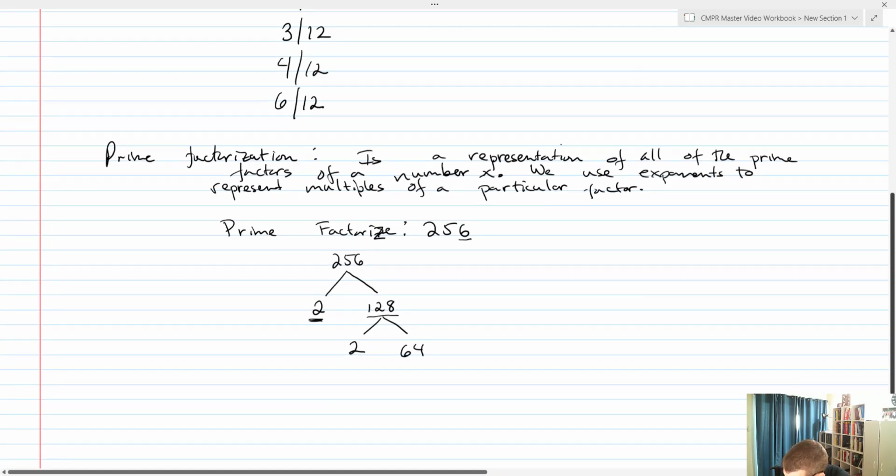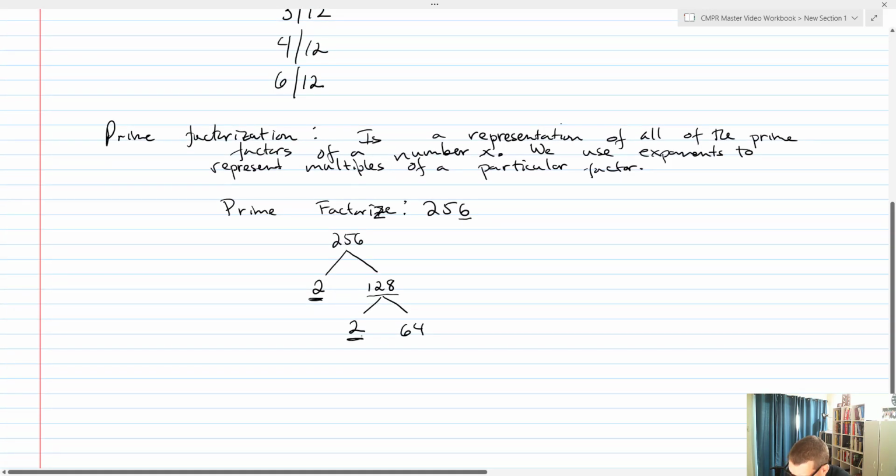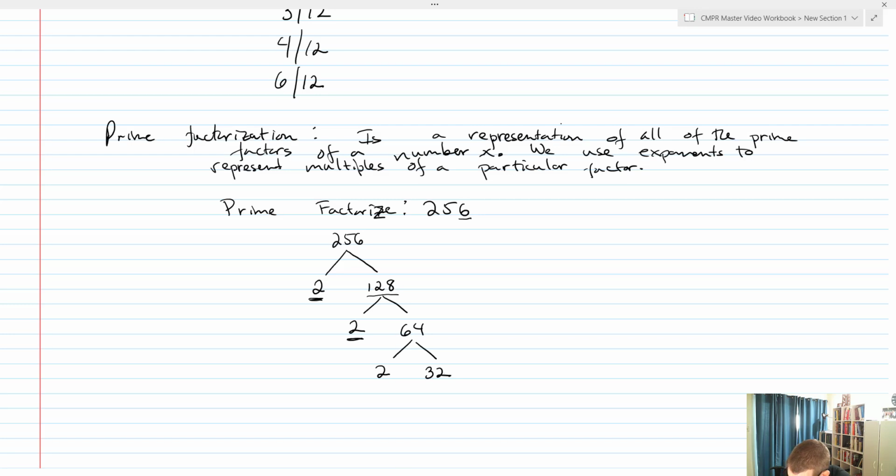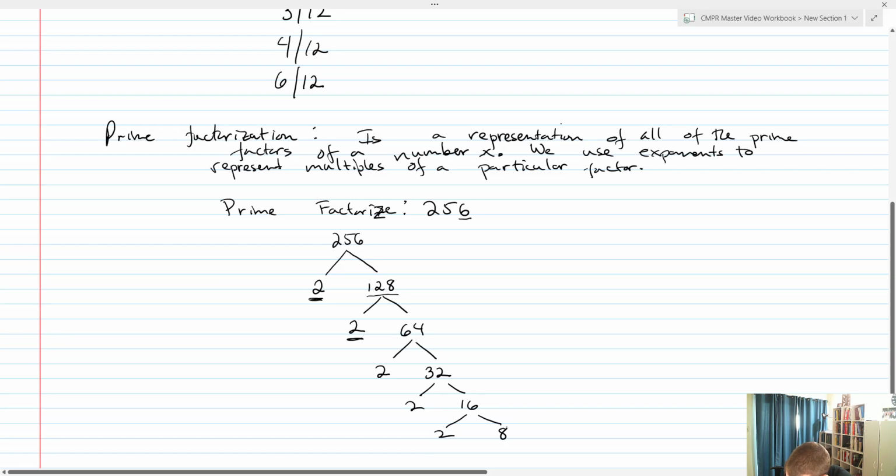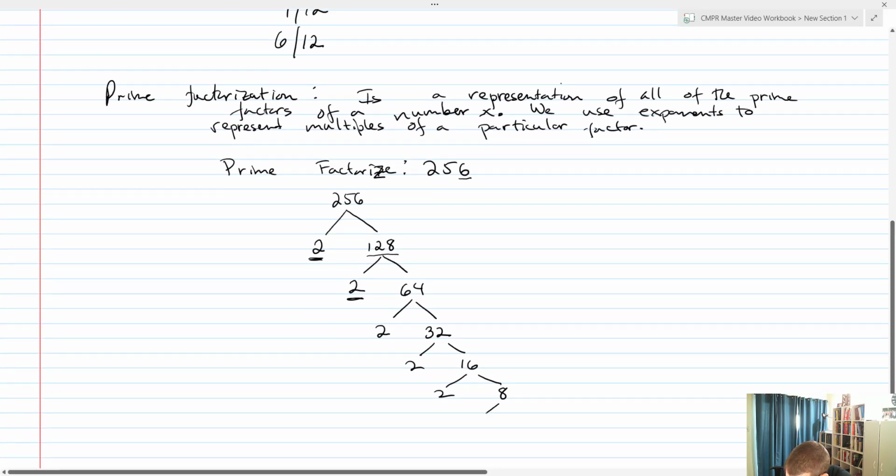Now, this particular branch of the tree ends, and I go to 64. 64 is divisible by 2, so that's 2 times 32. 32 is divisible by 2, so that's 2 times 16. 16 is divided by 2, so that's 2 times 8. 8 is divisible by 2, that's 2 times 4. And you'll notice that all I'm doing is dividing by particular factors. So now 2 times 4, and then we have 2 times 2. And now the factor tree is over.